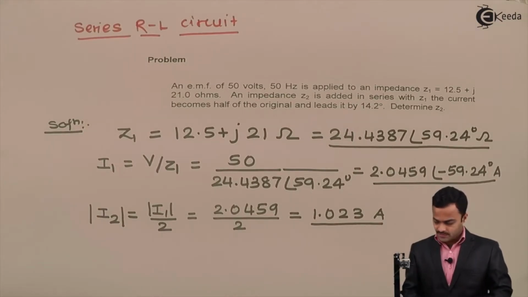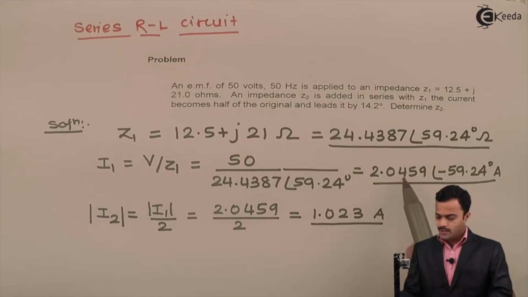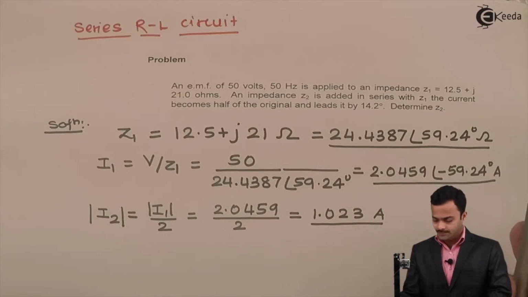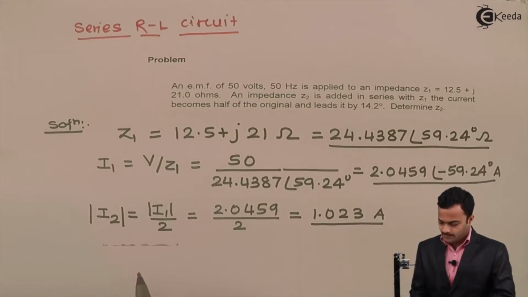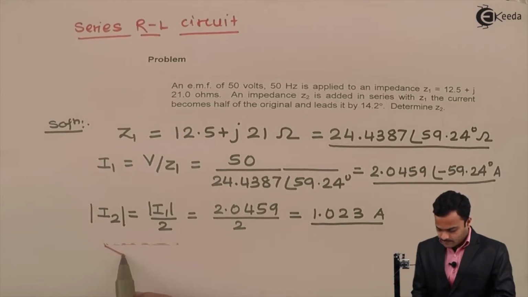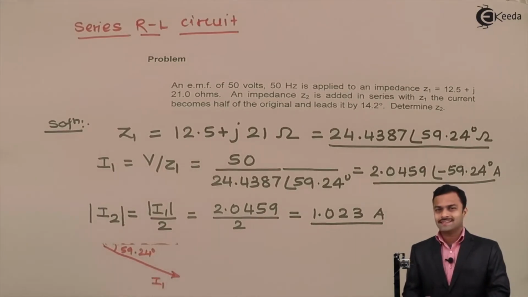See the meaning of this. For example, I am having I1 as 2.0459 at an angle minus 59.24 degree. So suppose this is a reference and I1 will be like this, whose angle is 59.24 degree in clockwise because it is minus.